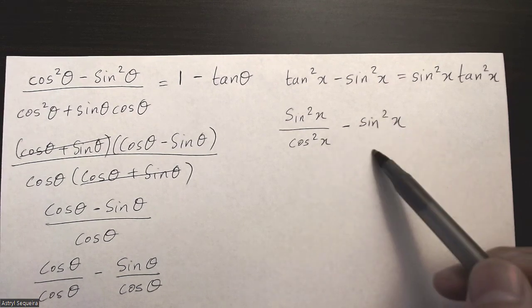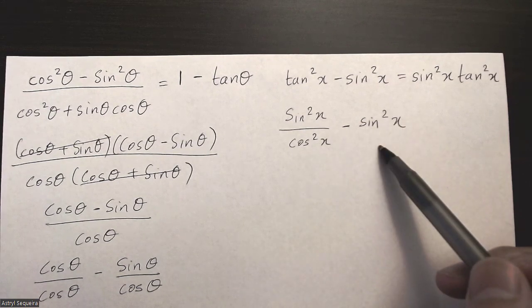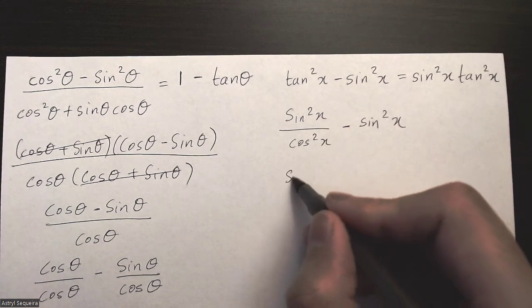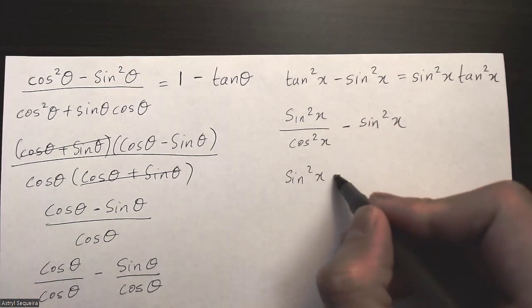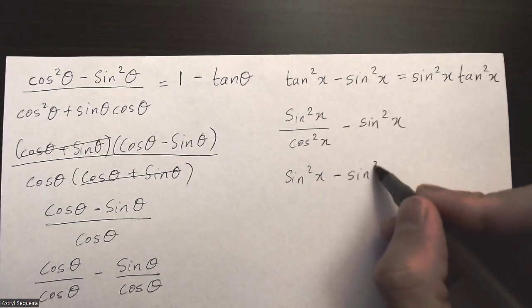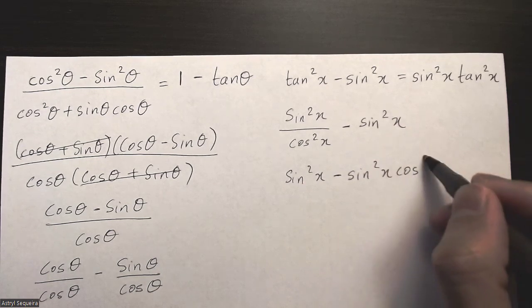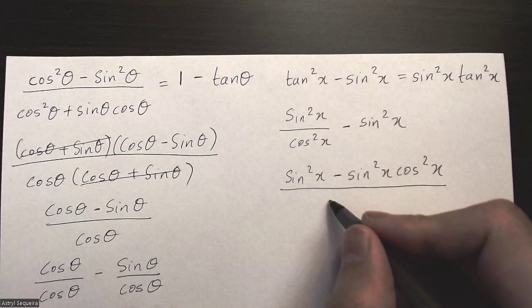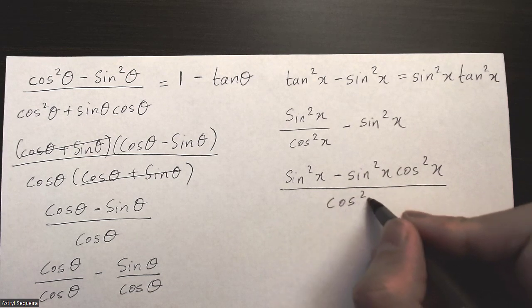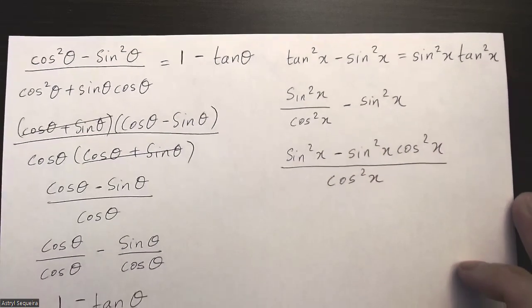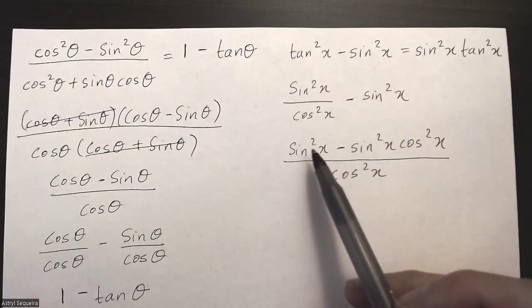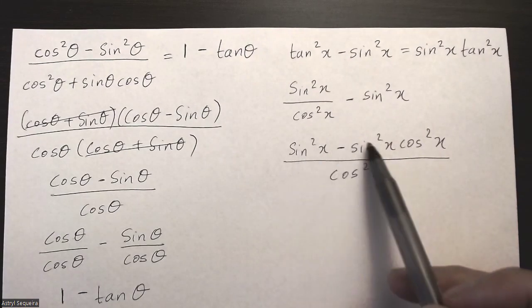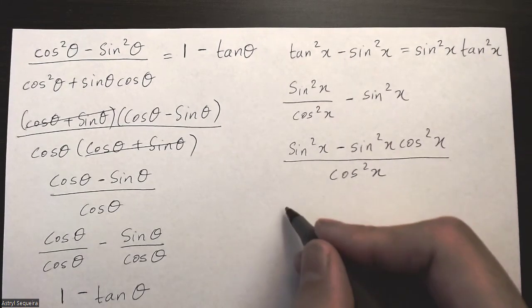I'm going to multiply the top and bottom here by cos squared x. So I have sine square x minus sine square x cos square x, and now this is all divided by my common denominator of cos square x. Next, I can notice I can common factor a sine square out of the top.